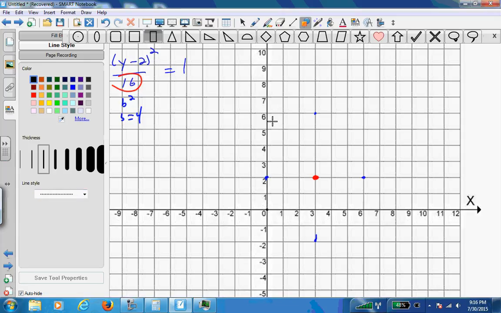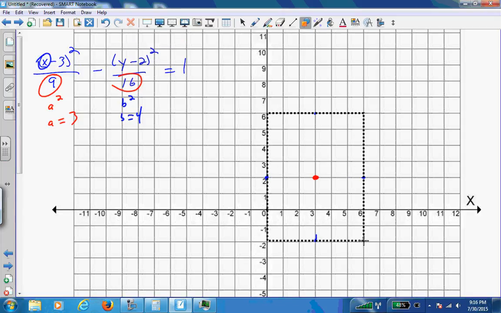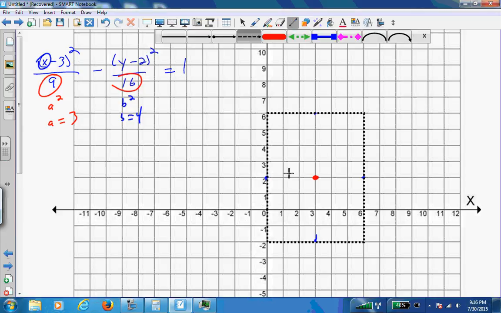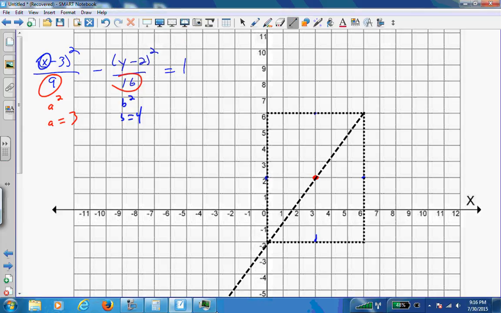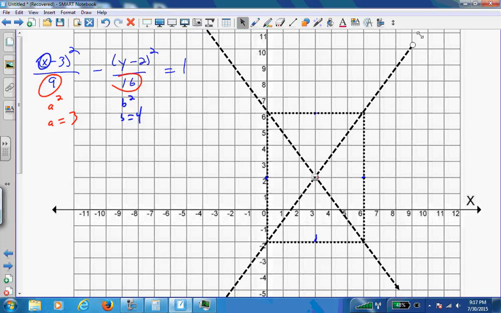Get that rectangle. Now, if we draw lines across diagonals going through the center, those actually serve as asymptotes for this hyperbola.